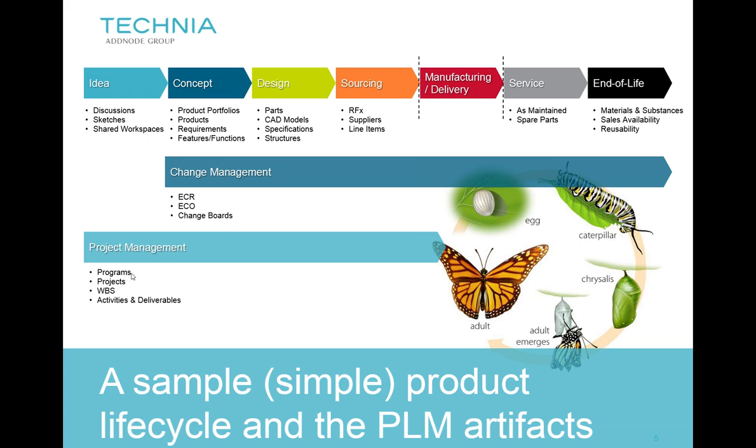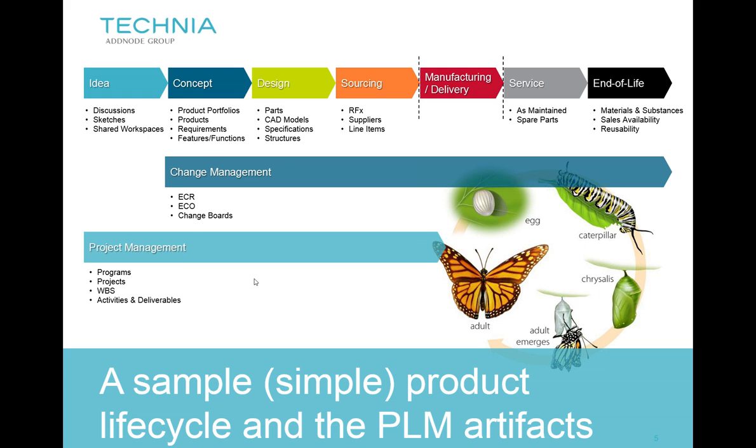I mentioned project management, a structured approach to programs consisting of several projects with well-defined work breakdown structures, taking care of not just saying what the deliverable will be, but also keeping track of the deliverable status.